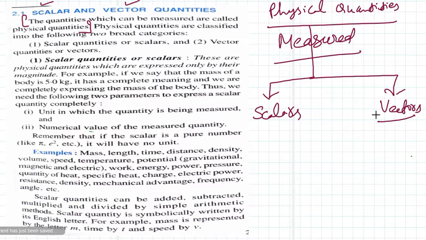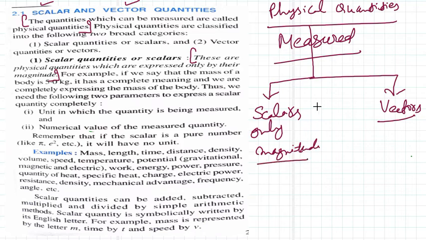Scalar quantities or scalars: the physical quantities which are expressed only by their magnitude, having only magnitude, are called scalar quantities.